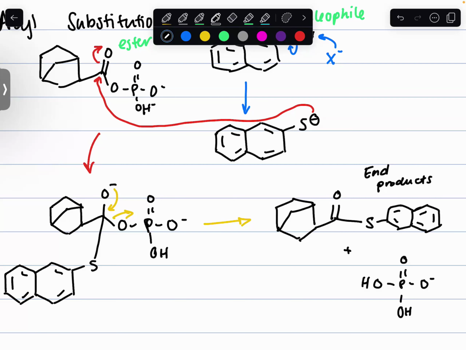Yes. So this whole group, OPP for short, OPP, is biology's greatest leaving group.